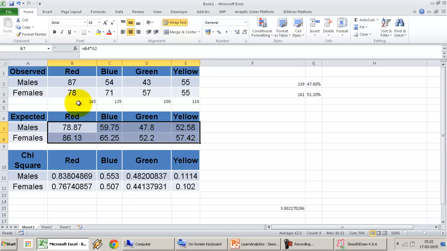So obviously there is a deviation, but this deviation is not statistically significant at 5% level. Therefore, we cannot accuse this particular school of discriminating by gender when it comes to house allotment. So this school is not practicing any gender discrimination which can be proved at a significance level of 5% or even at 1%.